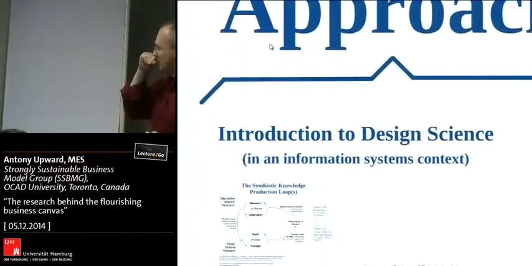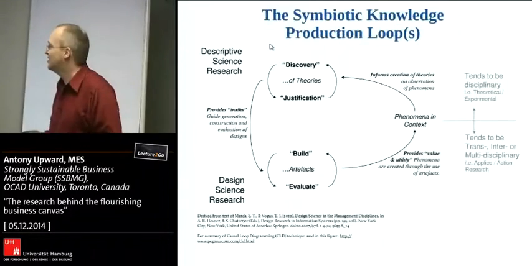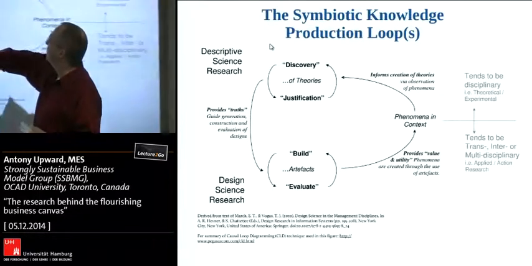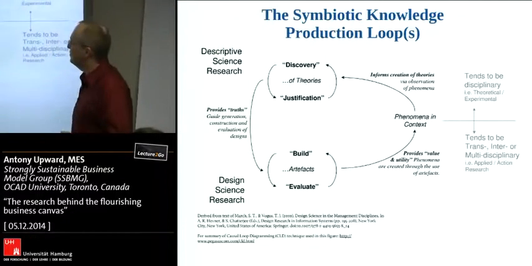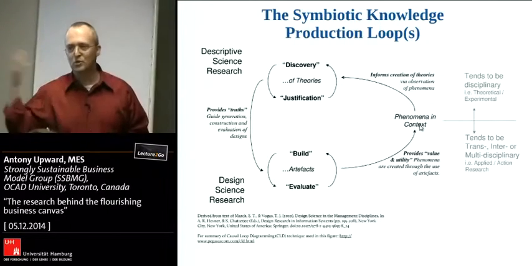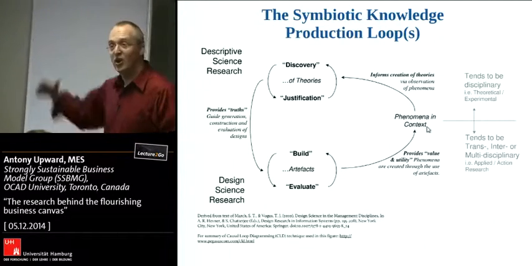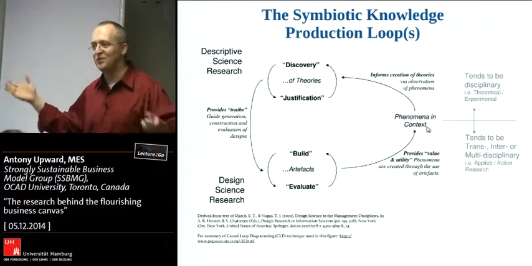So this is where design science comes in. And let me just spend a minute talking about what is design science. So let's just start with the top of this diagram to begin with. What descriptive science does is it takes a phenomena in context. You observe something in the world, a star shining in the night sky, a person behaving on a street corner, doesn't matter, it's a phenomena.